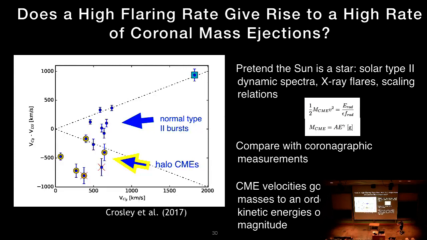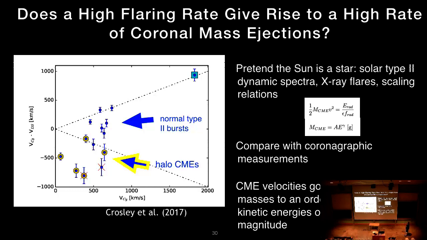So even though they have all those other tools at their disposal, they mainly concentrate on using the coronagraphic difference imaging movies. But we don't have that luxury, so we have to use some of these other techniques, and we wanted to have a way to determine if the information we were extracting from our stellar data was actually going to be reliable in terms of the parameters we're trying to constrain.